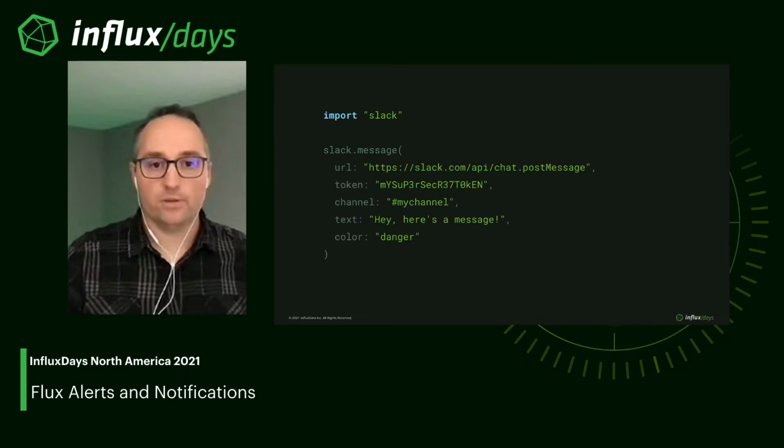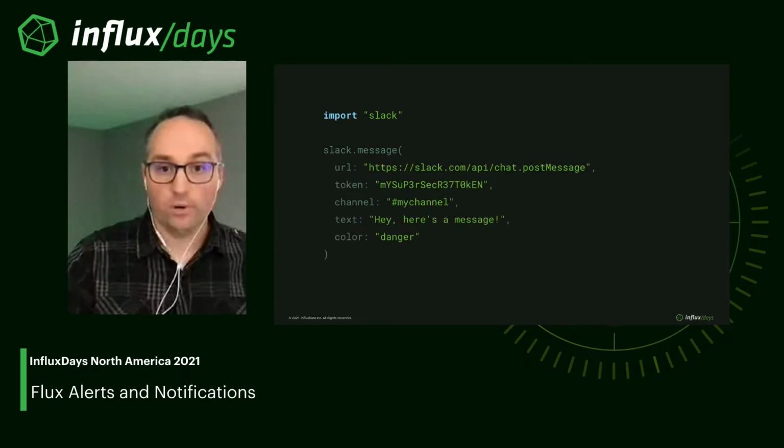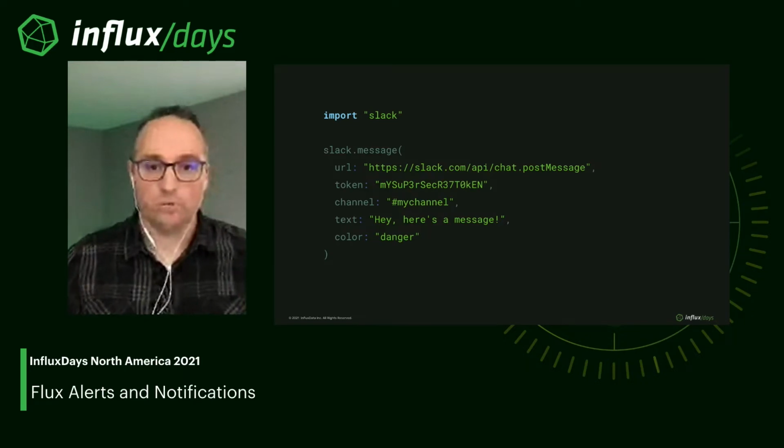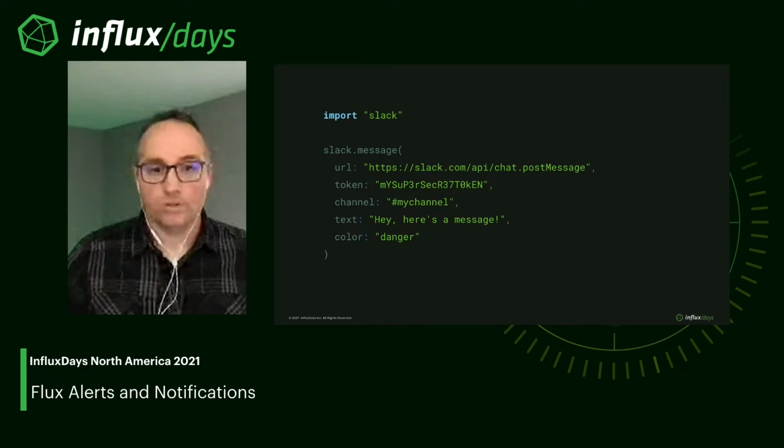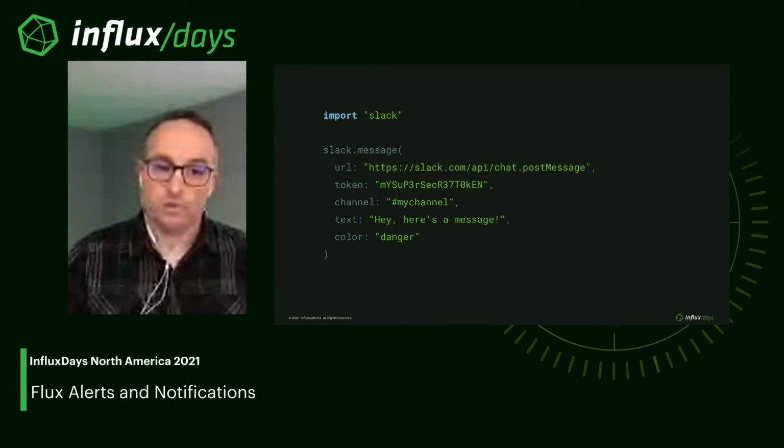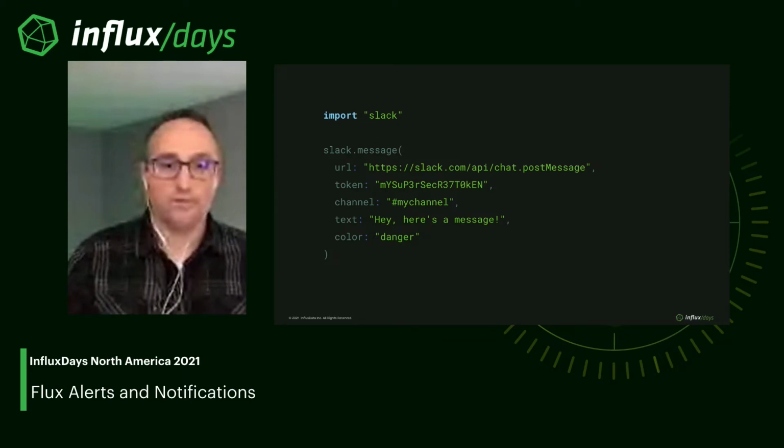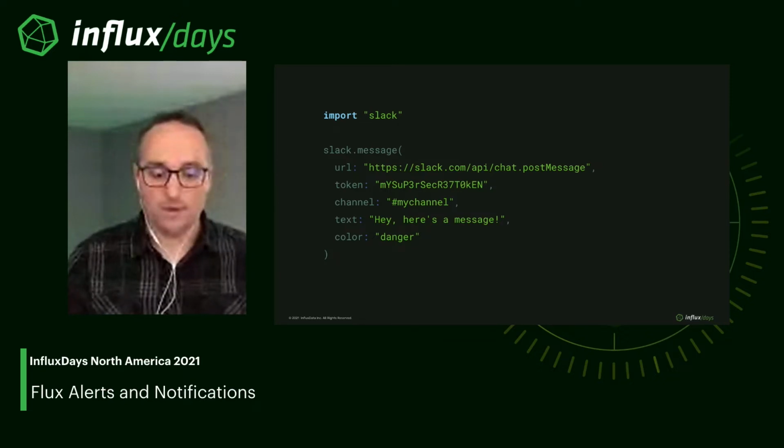The parameters that that function requires are a URL to the Slack API, a token to authenticate with the Slack API, a channel to post to, a message or the text to actually post, and then a color to associate with the message. These are all fields inside of the Slack API.